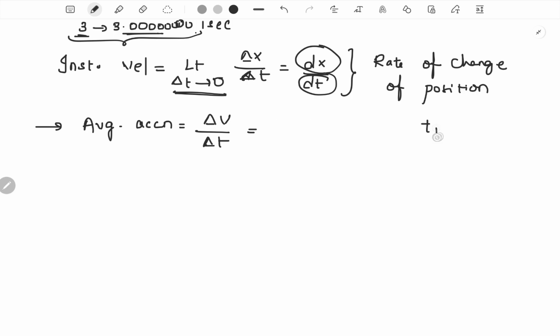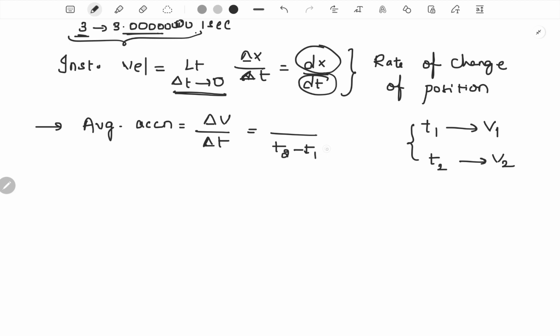Let's say at a time t1, when we started observing the motion of the particle, the velocity was v1, and at another time t2, the velocity is v2. Then the time interval during which we made the observation is t2 minus t1.